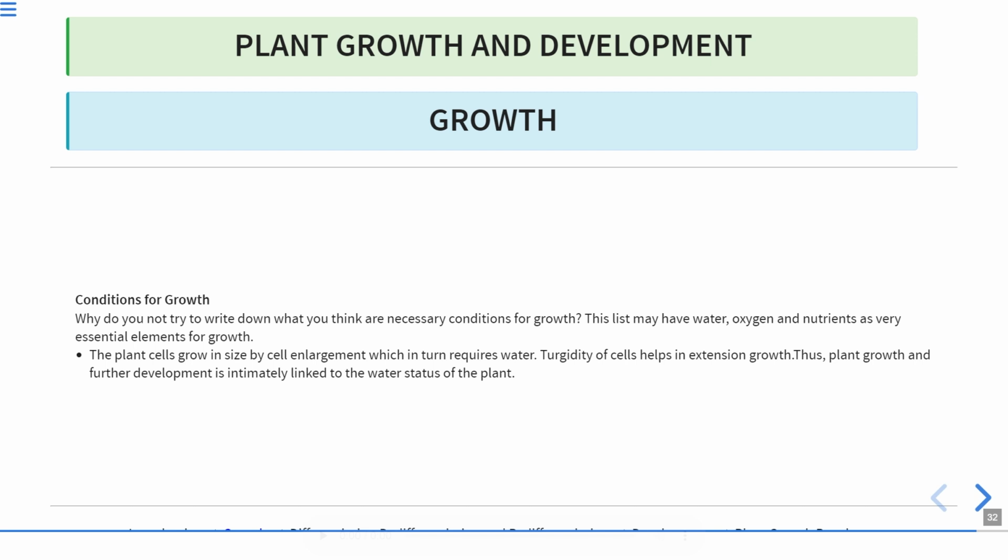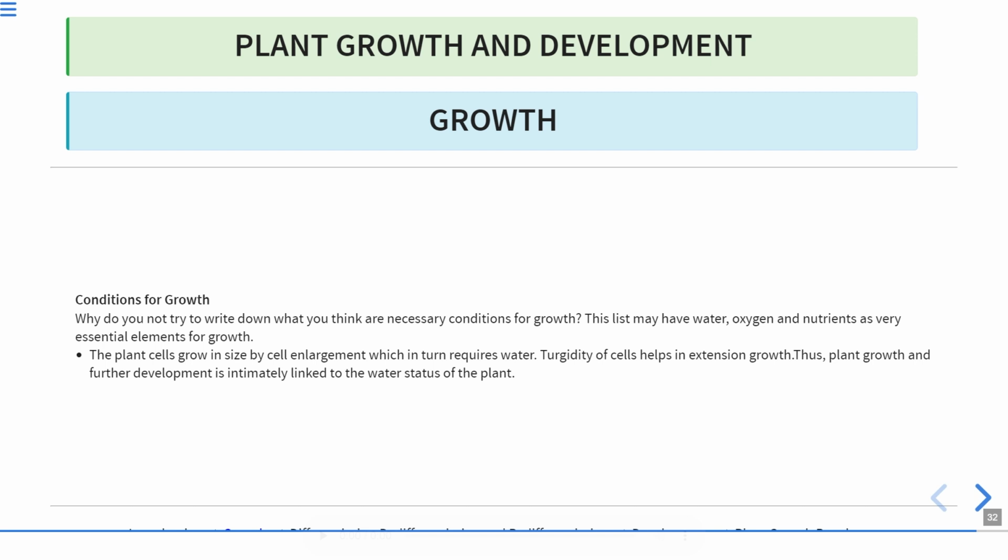So, conditions for growth. Why do you not try to write down what you think are the necessary conditions for growth? What are the conditions that are necessary for growth? The list may have water, oxygen, and nutrients as very essential elements for growth, right?